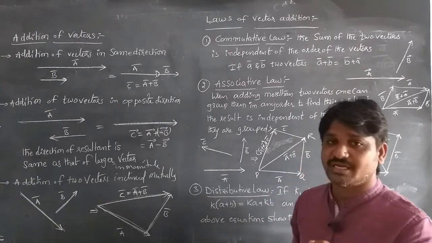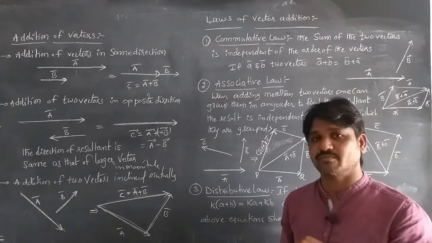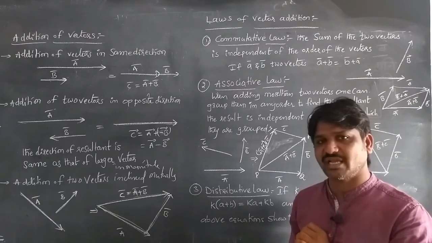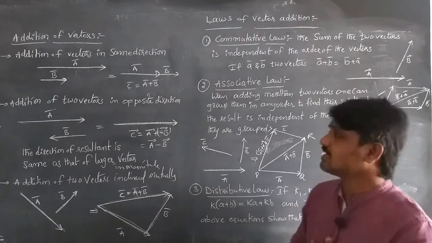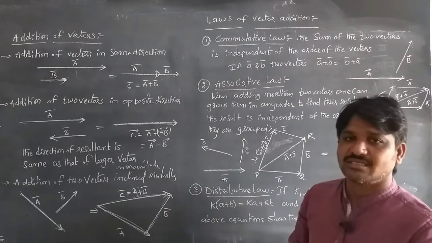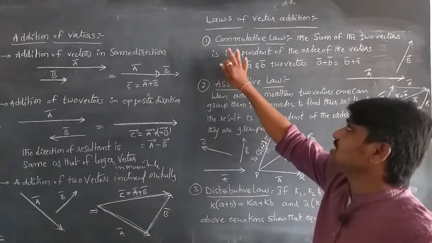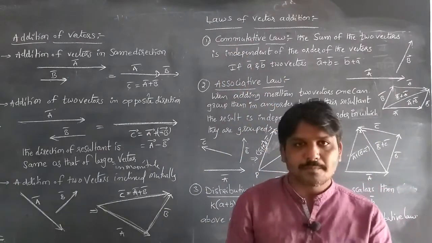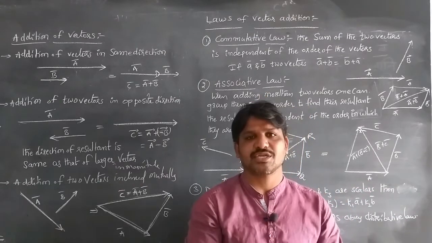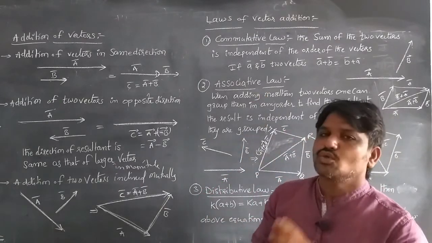Then only can a physical quantity be called a vector. These are the three laws of vector addition. The first one is the commutative law. In the case of the commutative law, two vectors are there.